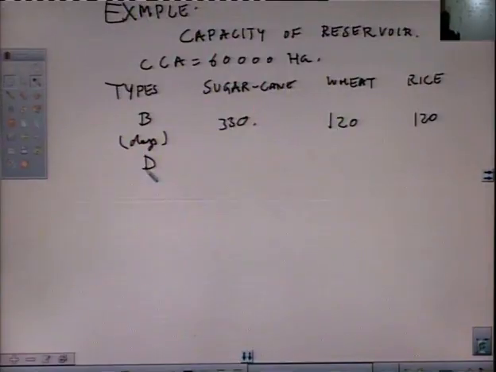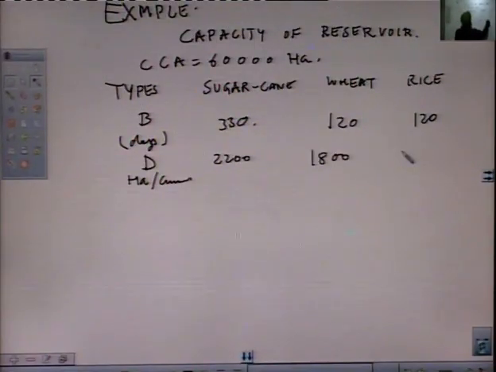Then duty in hectare per cumec: 2200, 1800, 800. Intensity of irrigation: 15%, 20% and 10%.